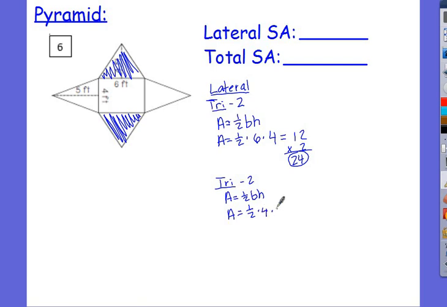What is its height? 5. What is 4 times 5? 20. Half of 20 is 10. How many of those triangles do I have? 2. And that gives me an area for those triangles of 20.